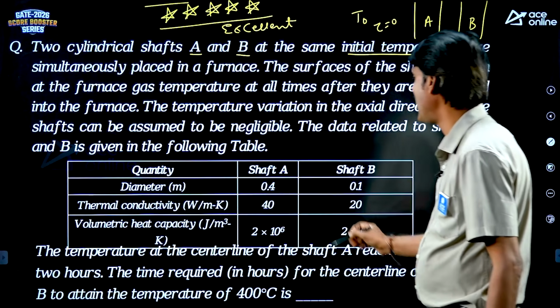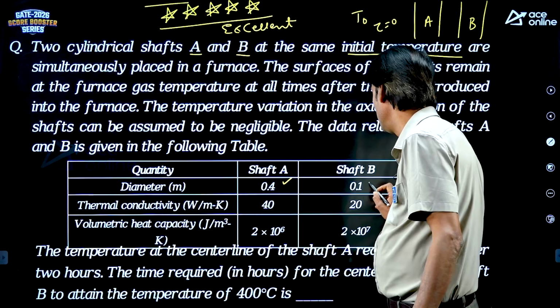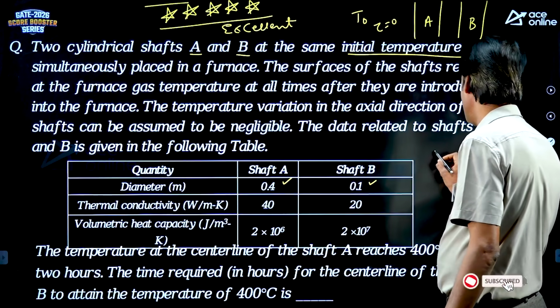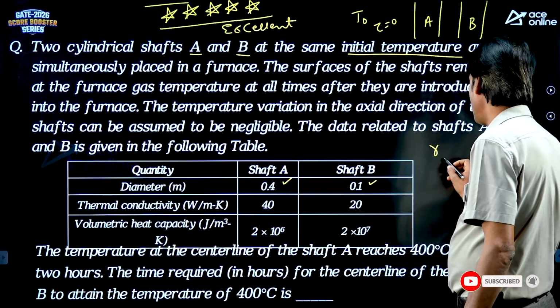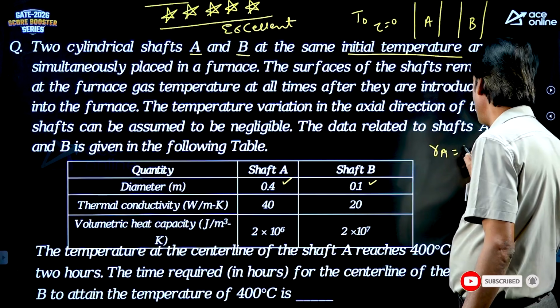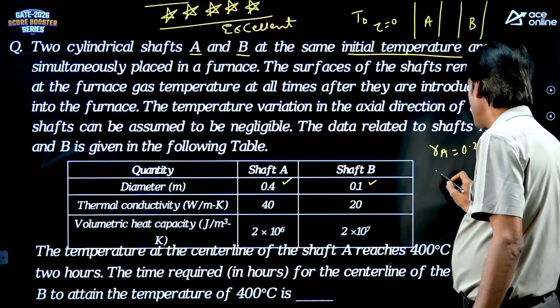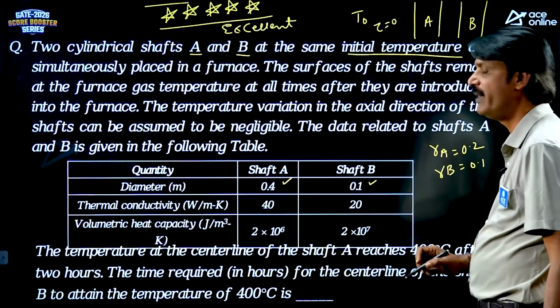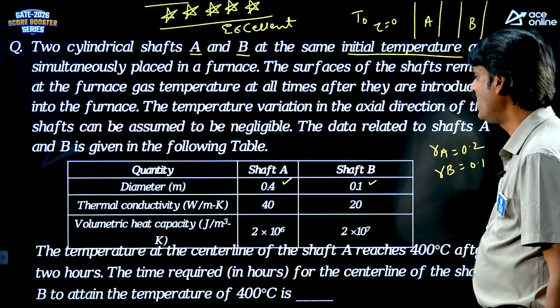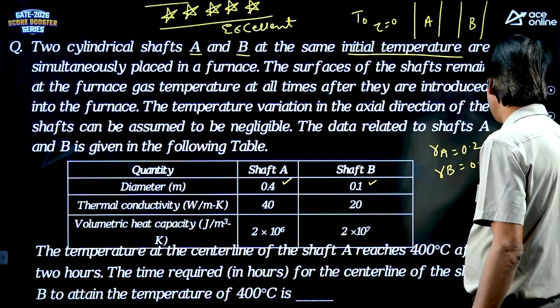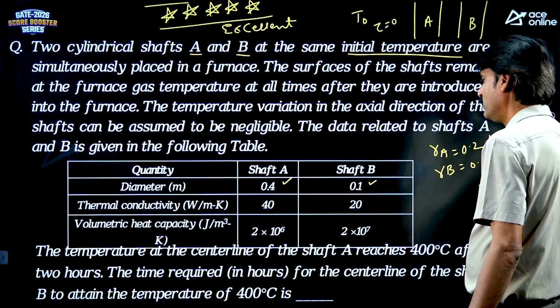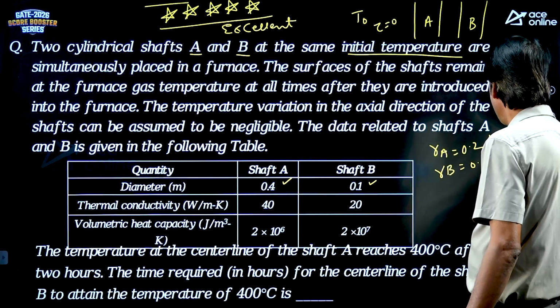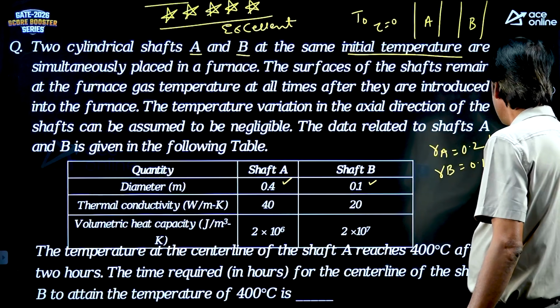He has given the radius of shaft A as 0.2 meters. Radius of shaft B is 0.1 meters. Then thermal conductivity Ka is given 40, Kb is 20.